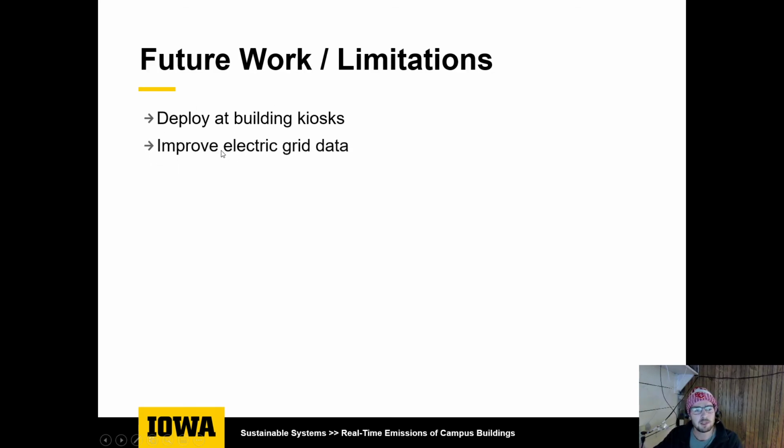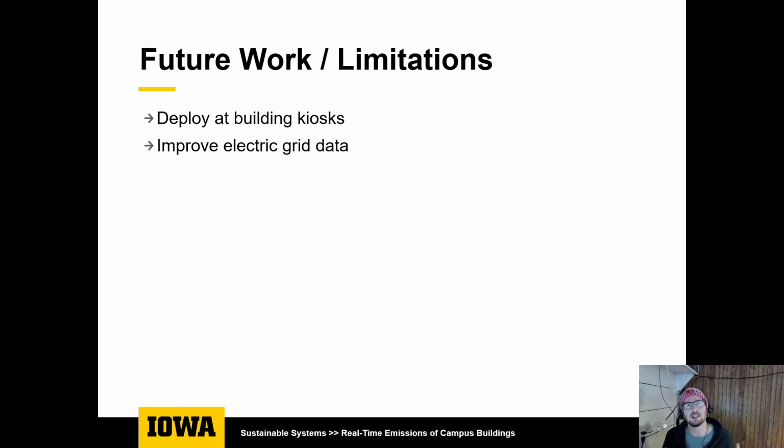The next item is to improve electric grid data. I showed that little flipper with two different grid strategies, and there were pros and cons to each, but there's still room for improvement in the area of calculating carbon emissions of electricity from the grid.